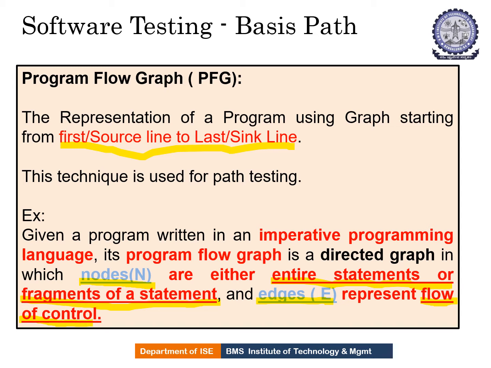So for any program written in any imperative language, the program flow graph will be a directed graph represented using nodes and edges. Nodes represent program statements or fragments of statements. Edges represent flow of control, the movement of execution from one line to another line.